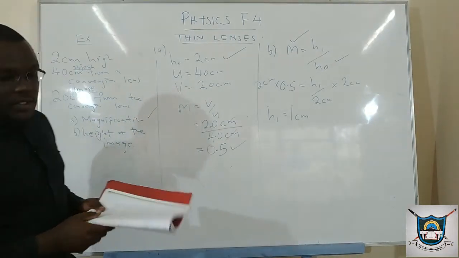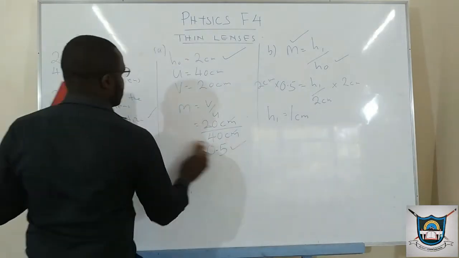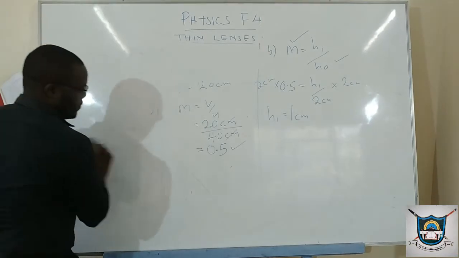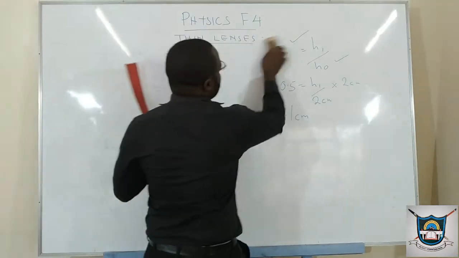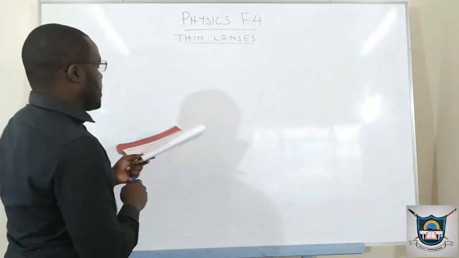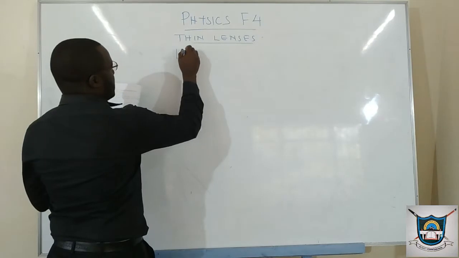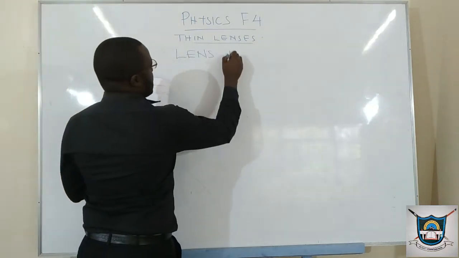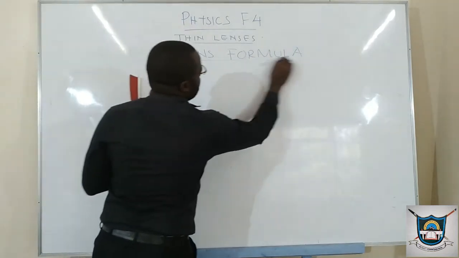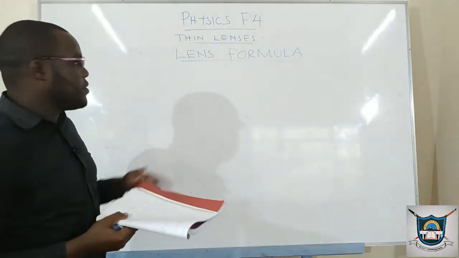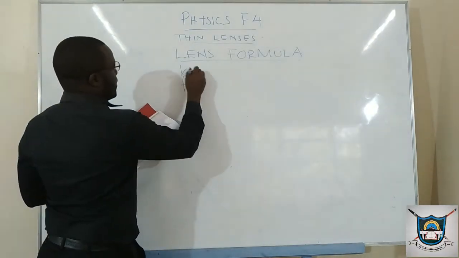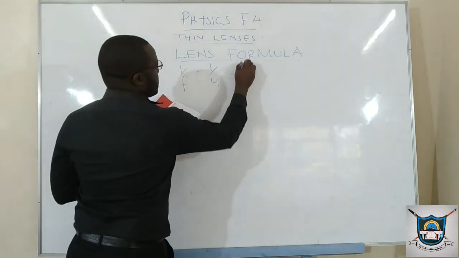The next part I want us to look at, still on thin lenses, apart from magnification, is the lens formula, not the mirror formula. It is going to assist us a lot in calculating questions. The mirror formula is found in Form 2, and that is a topic that is easily confused with this one. So the lens formula goes this way: 1 over f is equal to 1 over u plus 1 over v.